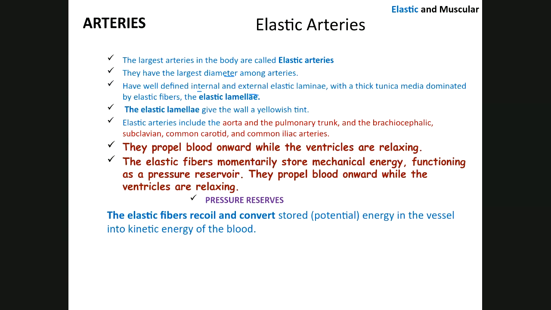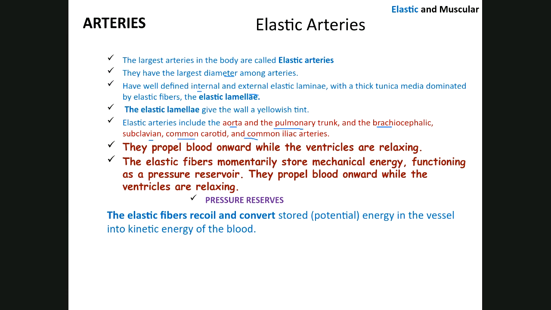Some examples of these elastic arteries are going to be the aorta, the pulmonary trunk, the branches off the aorta, which includes the brachiocephalic, subclavian, common carotid, and common iliac arteries. So what happens with this elasticity of these fibers, as they stretch out, they're going to store mechanical energy.